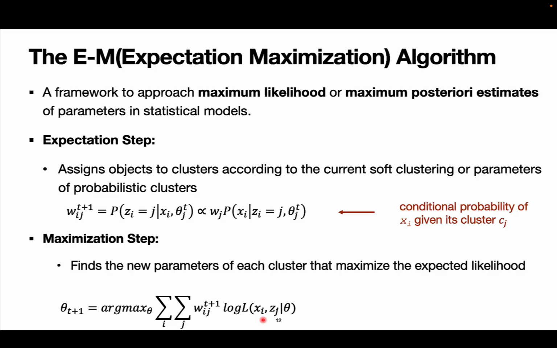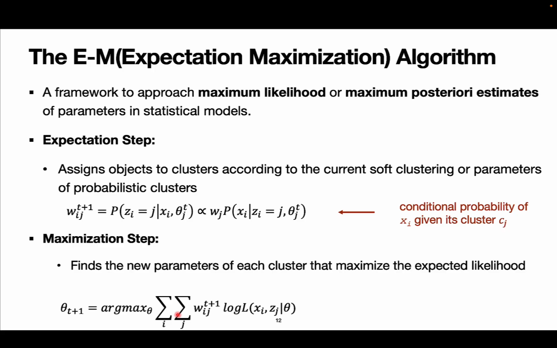Now we have to compute more precise estimates for the cluster mean, standard deviation, and prior probabilities, because we started with initial guesses which may not be very accurate. As you can see, there are double summations here. This process is iterative until convergence, where soft assignment and model parameters are no longer changing.